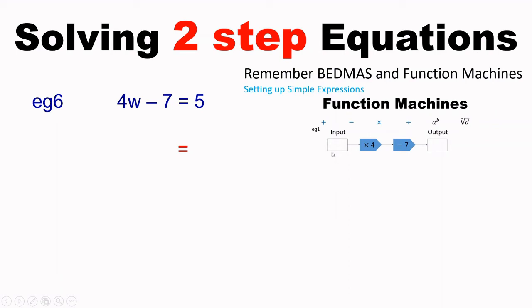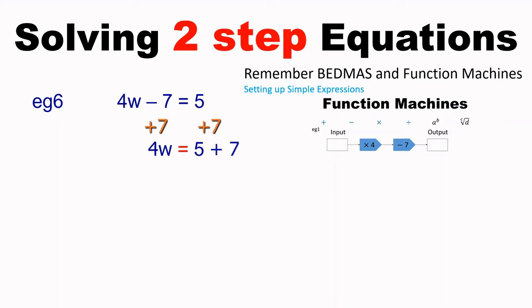So looking at my function machine, from the output value back to w, we need to undo the subtract 7 first. And the opposite of subtracting 7 is adding 7. So add 7 to both sides, and hopefully you can see that 4w minus 7 plus 7 will leave us with just 4w on the left-hand side.